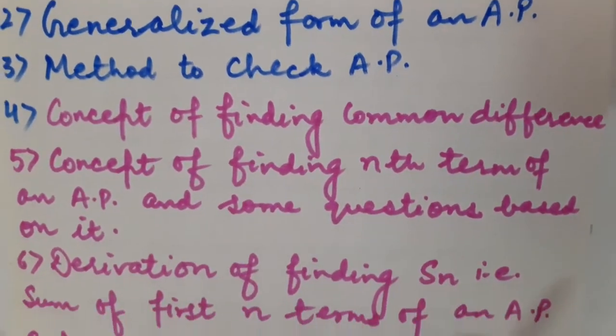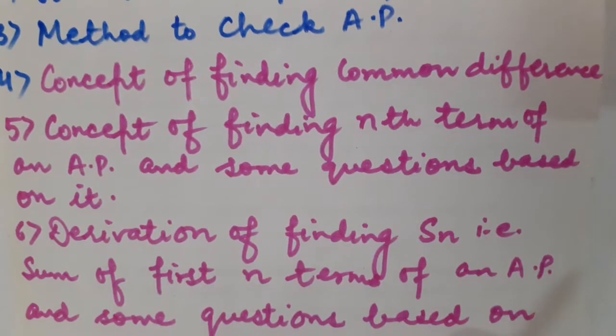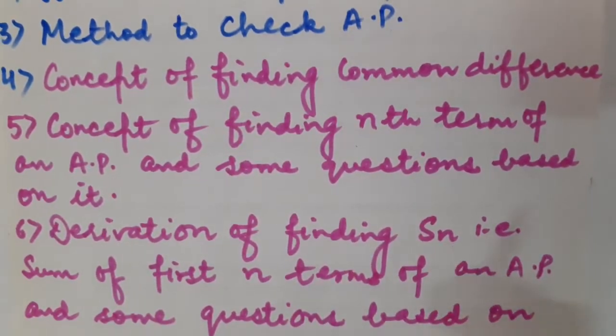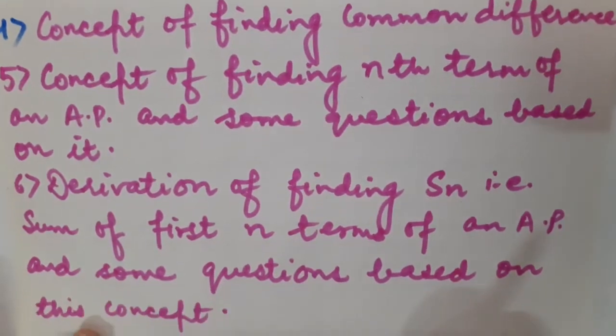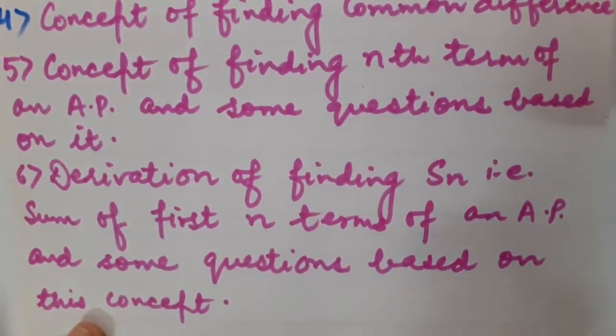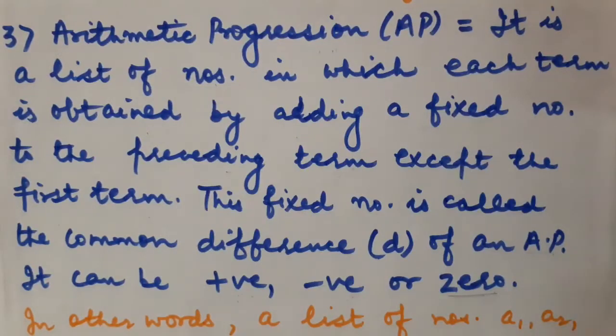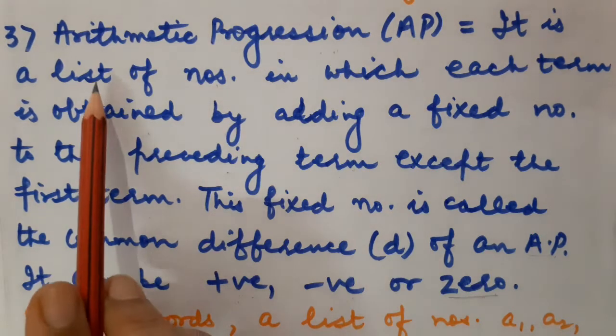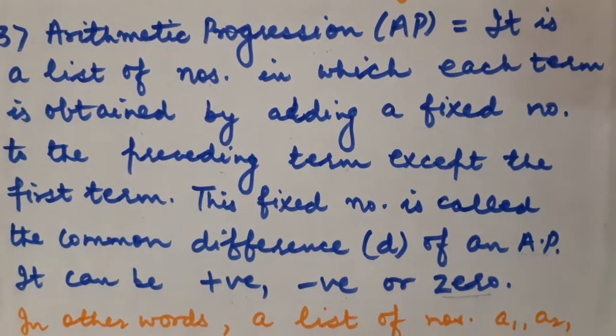After that, I am going to make you recall the derivation of finding the sum of first n terms of AP, and of course some problems based on this concept too. So let us start the very first topic of the summary lecture, that is the definition of arithmetic progression.